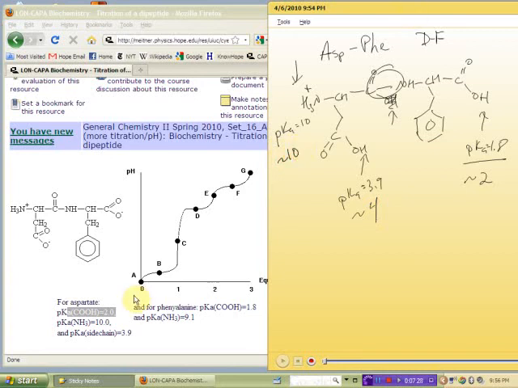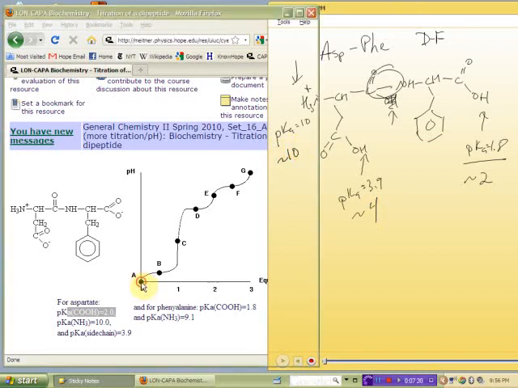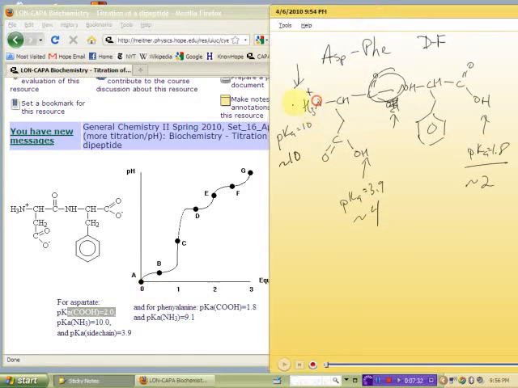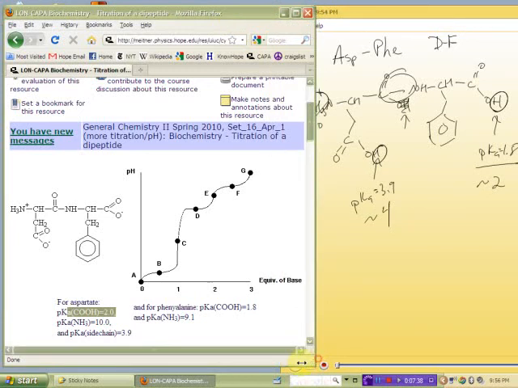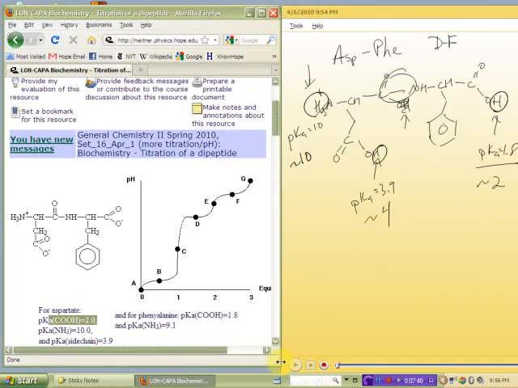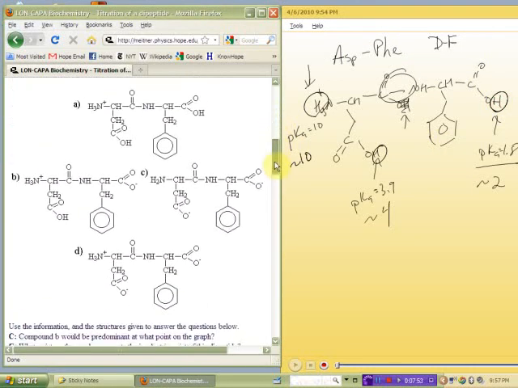So as it titrates, it's going to go from the fully protonated form, that's what we got here, with the 1, 2, 3 acidic or labile protons. First one to come off will be the one with the lowest pKa, so that's that one. As we go through this first midpoint, we will be 50% this and 50% this minus that proton. So you can see the different forms of it.